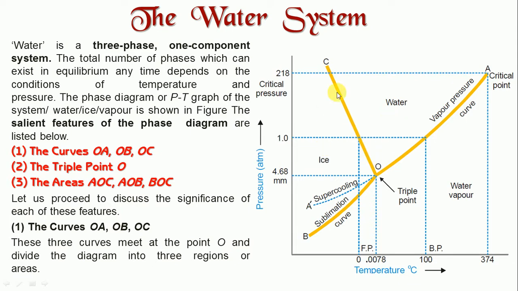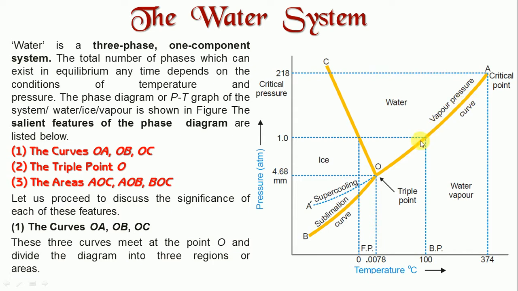That is why along this line OC, we can say that it is a one component two phase system. Along this curve there are two phases: one is the liquid phase of water, and another is the solid phase of water. But the component is the same. In a similar manner, along curve OA there will also be two phases: liquid water and water vapor.